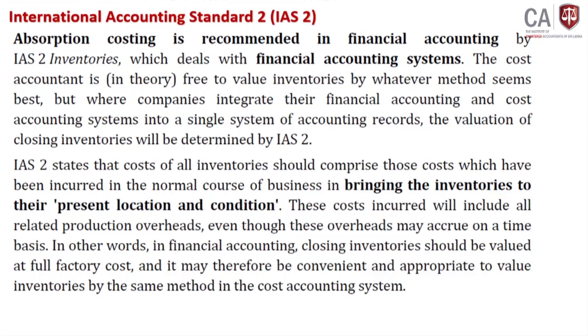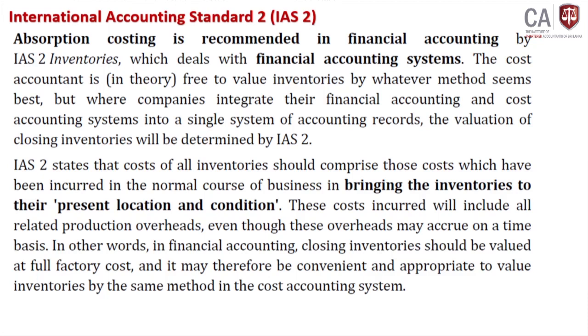Now, what is the accounting standard guideline? That is also very important to understand, because the marginal costing and absorption costing classification is useful in management accounting, which means for management to take their own decisions. How does management accounting link to financial accounting?